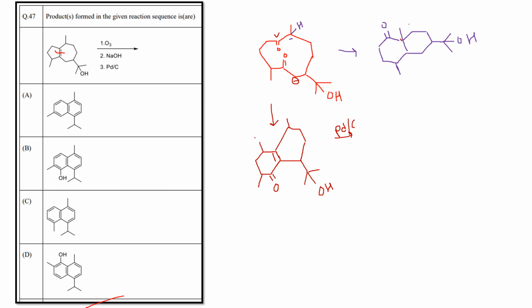So this proton comes here. There is a proton here. That comes, and this ring also undergoes aromatization and will give palladium charcoal will undergo aromatization, like it will take whatever hydrogen is possible to take and to give aromaticity.